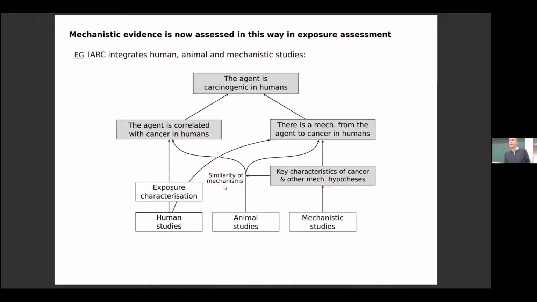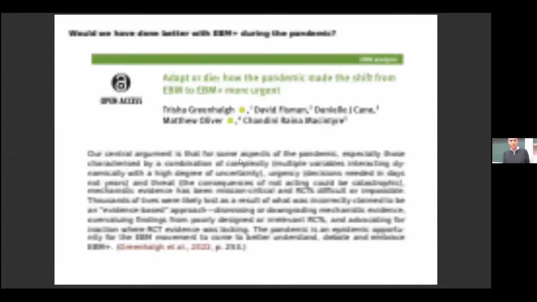And as long as the mechanisms are sufficiently similar, they can extrapolate results from animal studies to the human context as well. So here's one area in which evidential pluralism is routinely used in the health context.